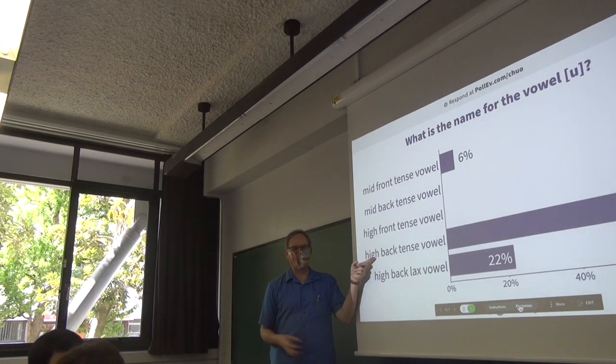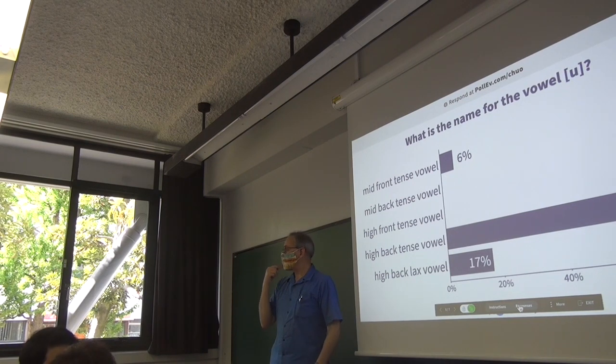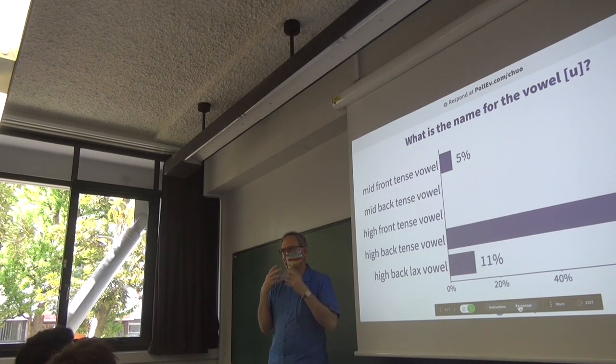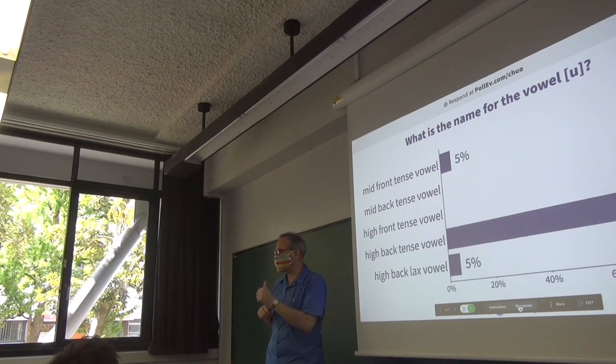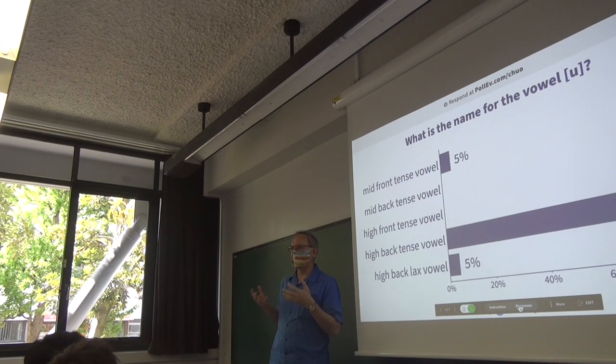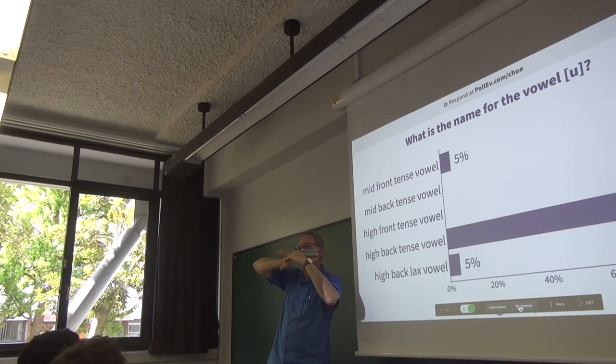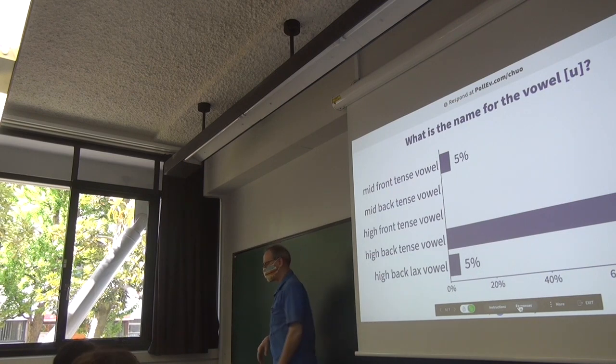This is the correct answer: high, back, tense. The lips are rounded, so it's sometimes difficult to remember that the tongue position is actually pulled towards the back. The sound oo is created by lengthening the space in the mouth. By pulling the tongue back and pushing the lips forward, it creates a long space which generates this oo sound. So the correct answer would be the high back tense vowel.